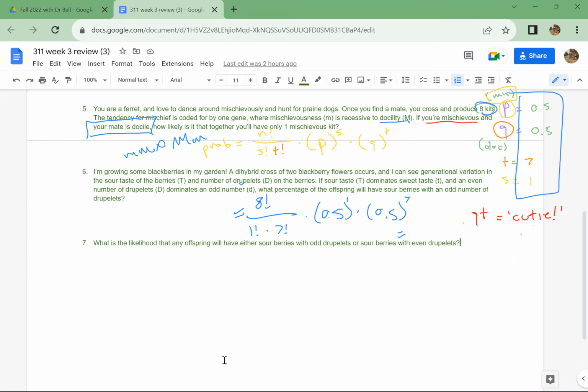As we become more and more specific, it becomes less and less likely. So we therefore get a small number like 0.03125. I think that was the answer. And this is the probability of only having one mischievous kit out of 8 total kits.